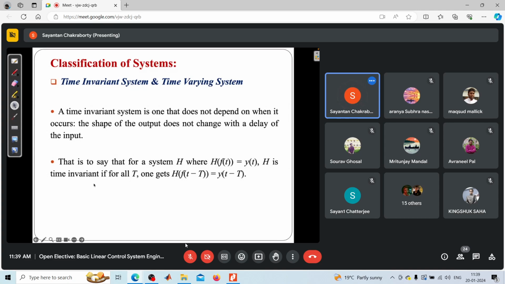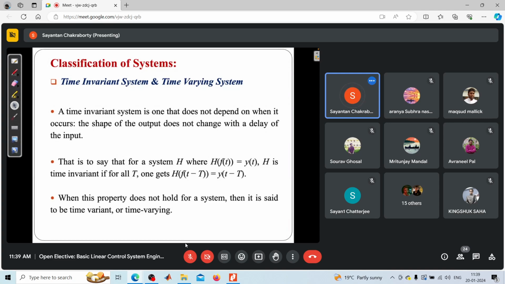Now, if it is time invariant, then given an input f(t minus T), that is, delayed by an amount T, the output will be delayed by the same amount while keeping the same expression and nature. Then you call it a time invariant system. But if it fails to ensure this property, then you call it a time varying system.